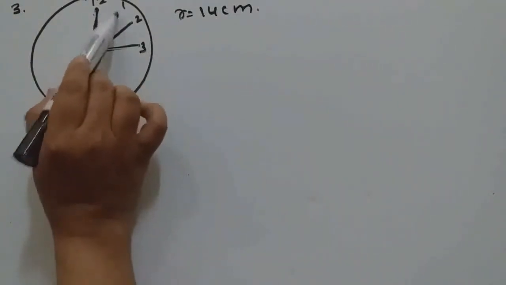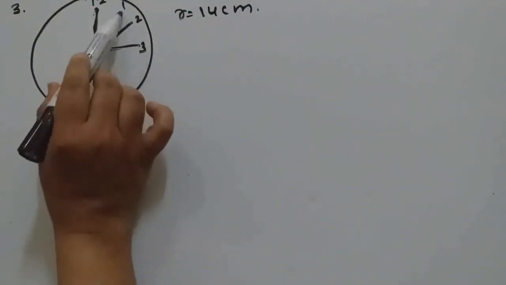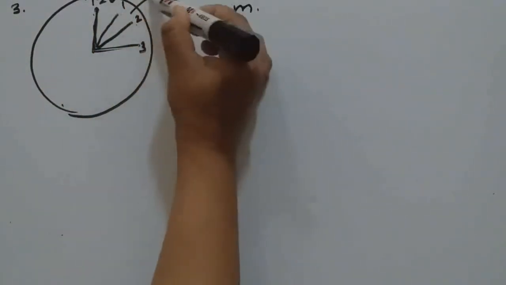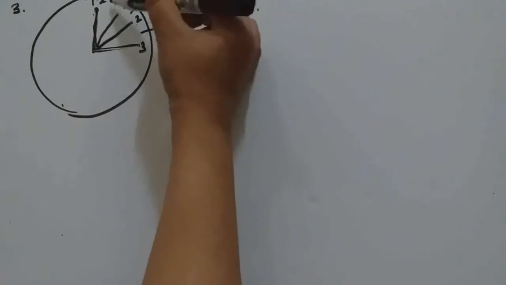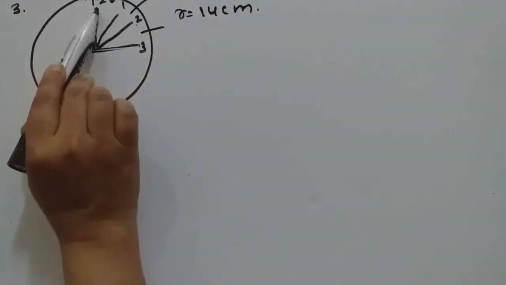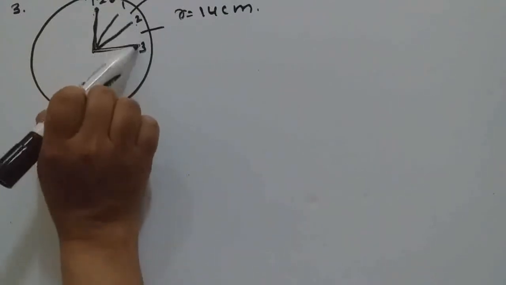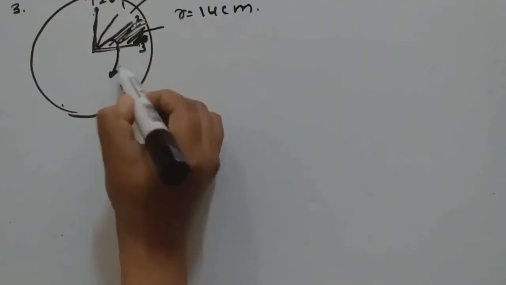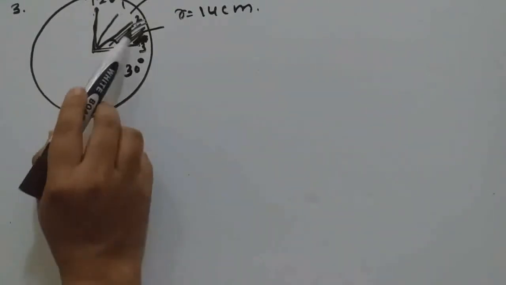Between 12 and 3, 1 and 2 are also there. That means this angle is 30, this angle is 30, this angle is 30, because 30 will give 90. So area swept by minute hand in 5 minutes means, suppose this area, so angle will be 30 degree and this area we should find.